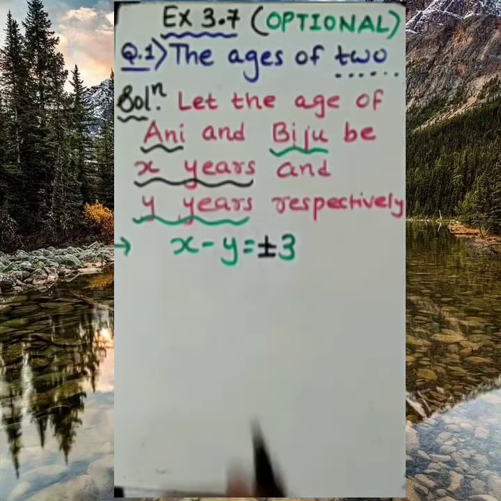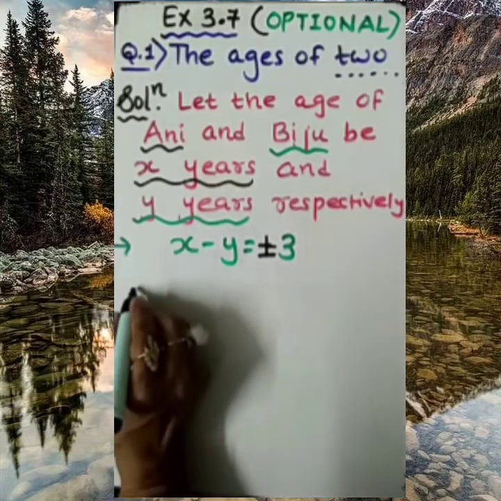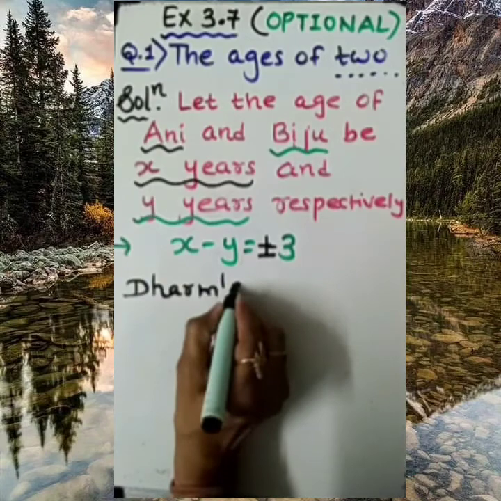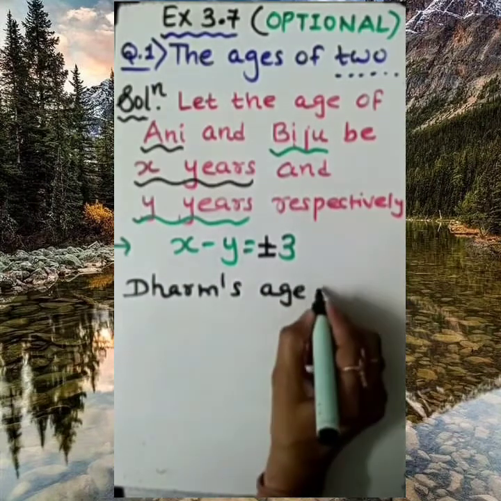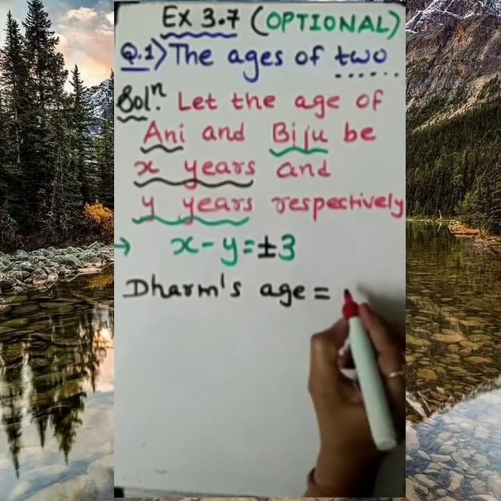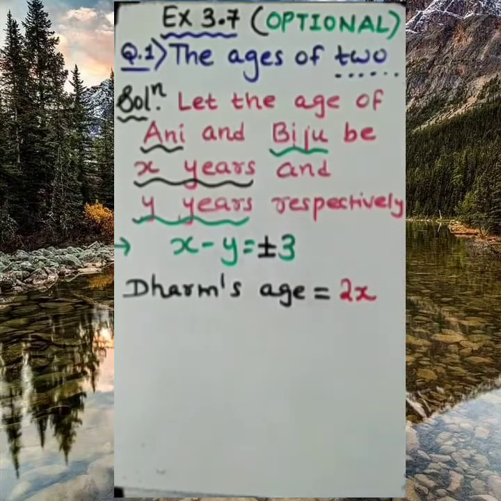Fine. Now forget this for a while, and let's focus on the second sentence. What are we given? What is Dharam's age? We are given that Dharam's age is twice Ani's age. Twice Ani's age means 2x years. Agree? Dharam's age will be 2x years.